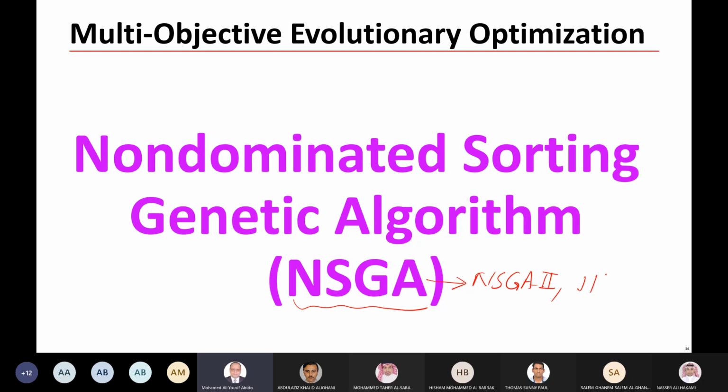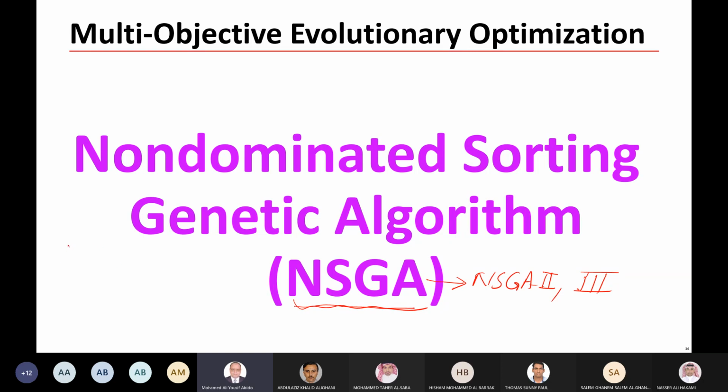We have also NSGA3 as well. These are improvements on the initial version of NSGA, in order to reduce the complexity, reduce the computational time, and cover some of the limitations in the original one. This is one method of the multi-objective evolutionary algorithms.